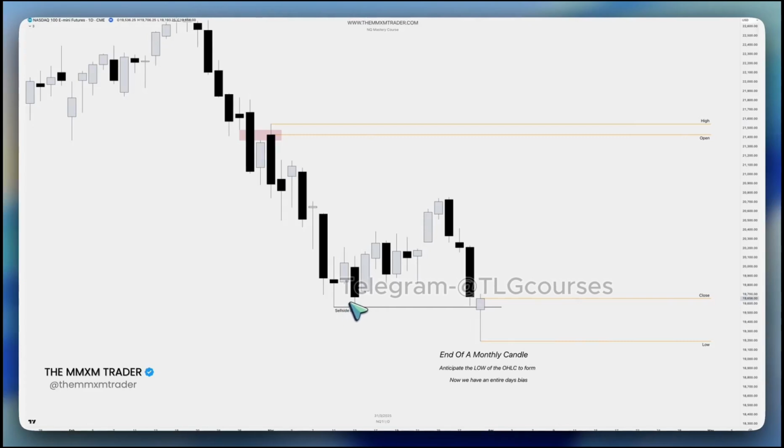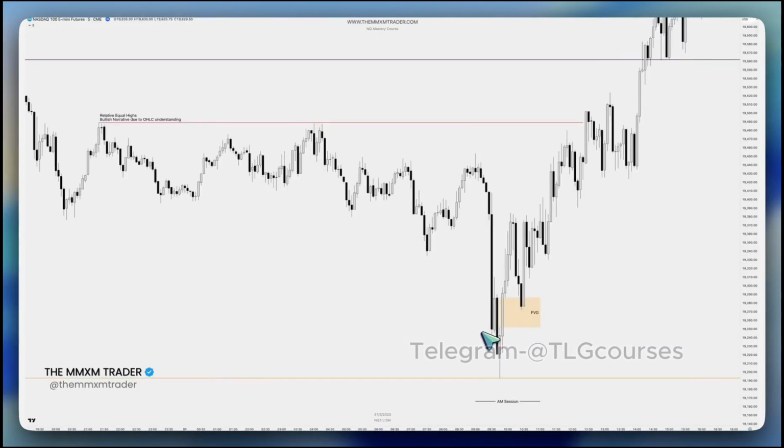But the sell side liquidity, the relative equal lows, was still present here until we took it out here. So now that we've taken out the sell side liquidity, the narrative that you should have in mind is, okay, we're at the end of a monthly candle, so we could see the low of an open, high, low, close form. And now we have an entire day's bias to be bullish.